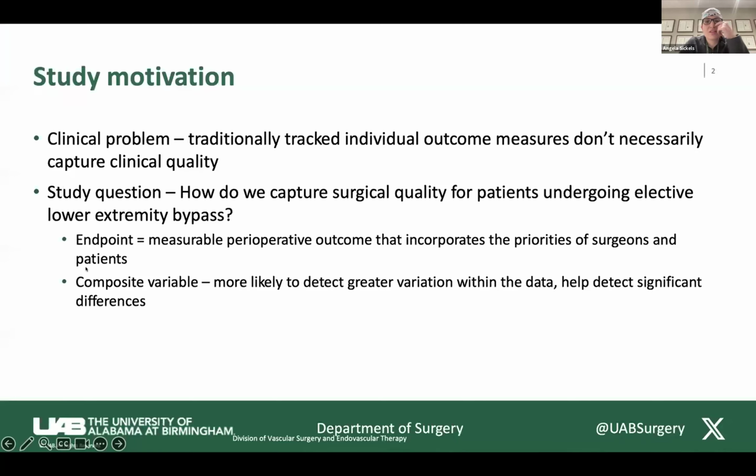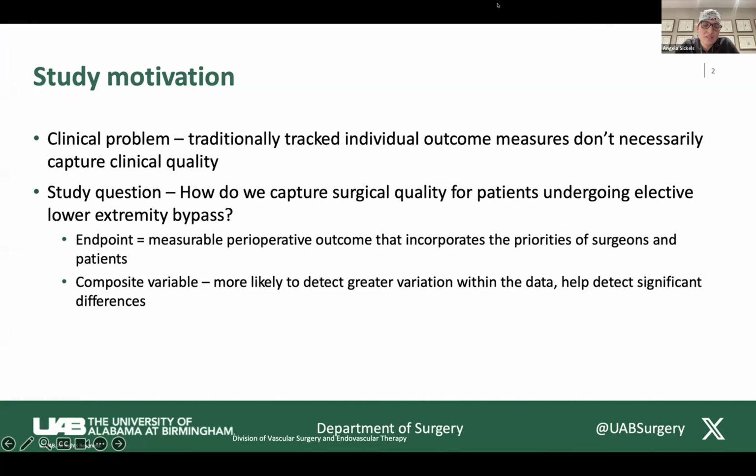So we sort of discussed that things like 30-day mortality, especially for an elective procedure that has a pretty low event rate, it's really difficult to discriminate quality between centers because the event rate is so low. And so overall, traditionally tracked individual outcome measures don't necessarily capture clinical quality.